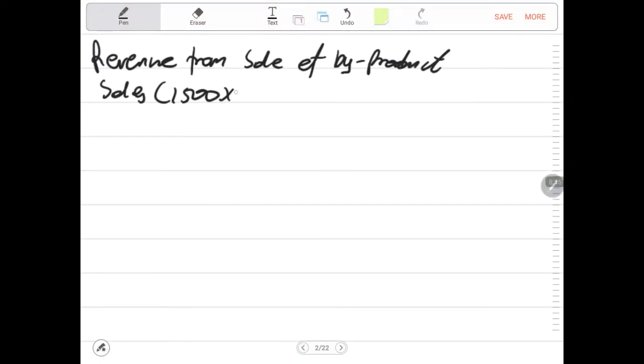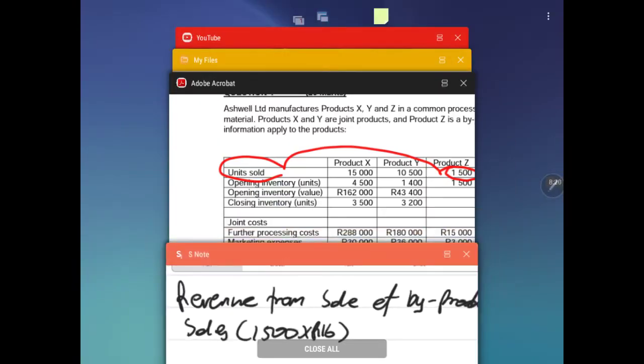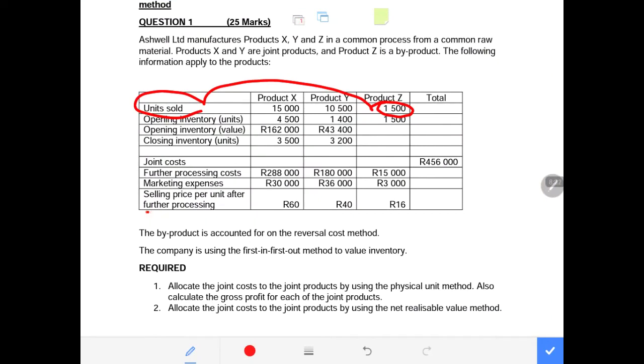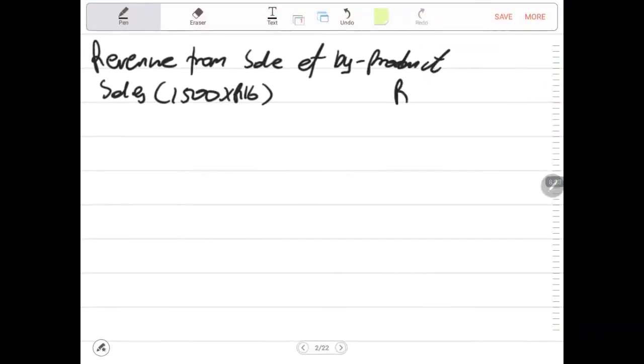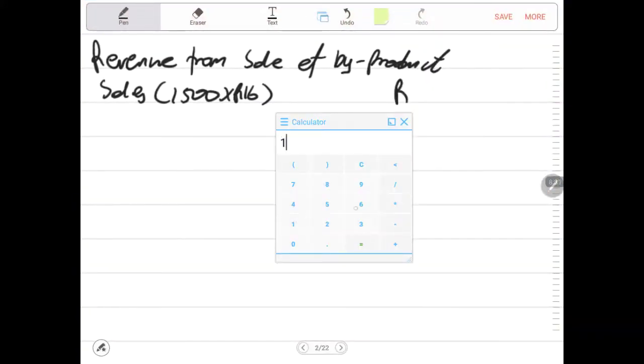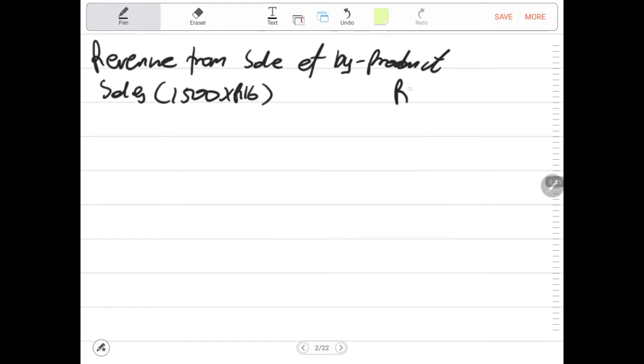And the selling price of our byproduct, after further processing cost, was 16 rand. Then our revenue will be 16 by 1,500, we get 24,000.